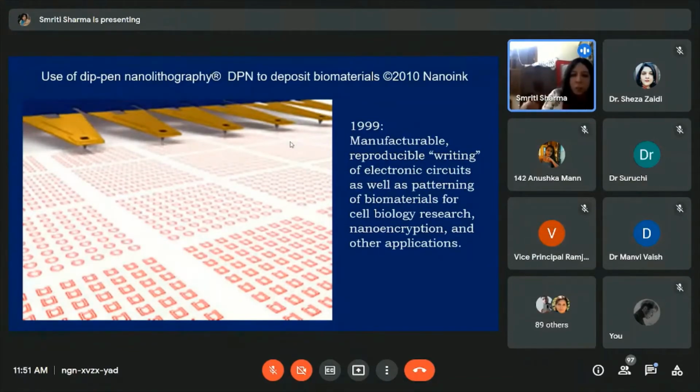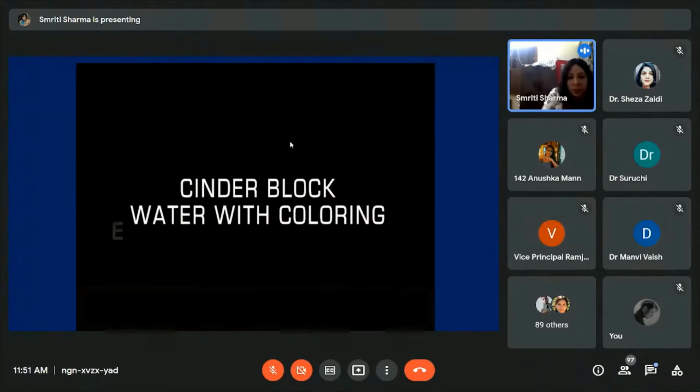It is something that is used in nanotechnology. So you can use the tip of that and use a nano ink to write electronic circuits at the nanoscale. That can now be used in your phones and all. And one can pattern biomaterials, and it has nano encryption and other applications.